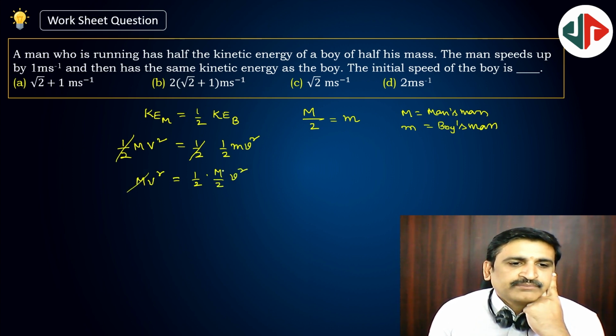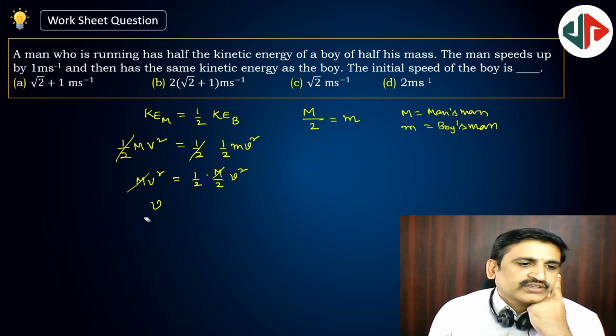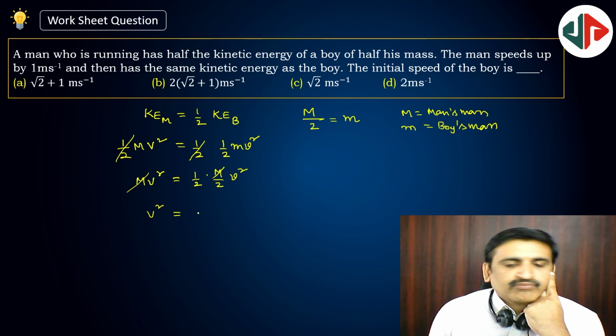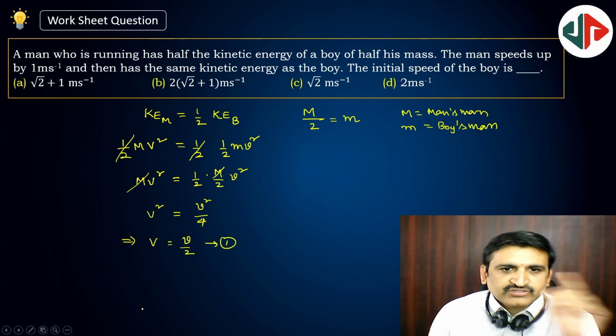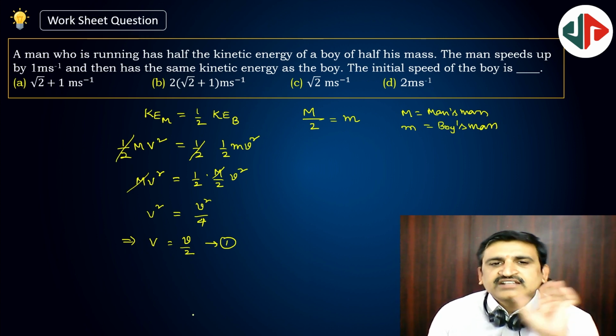So again m and m also get cancelled. So V square is equal to v square by 4, which implies capital V is equal to small v by 2, representation 1. So the first line we read and we got a representation.